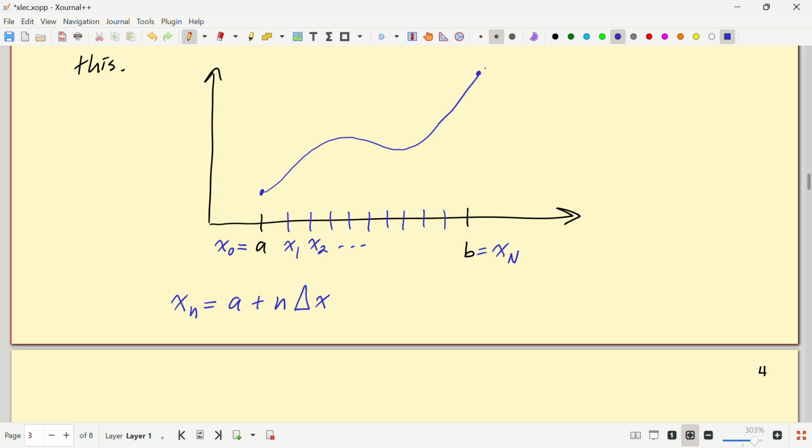And sort of the obvious thing to do is to pick the left endpoint, etc. I like to do the left endpoint. I could make it be the right endpoint. It doesn't really matter.